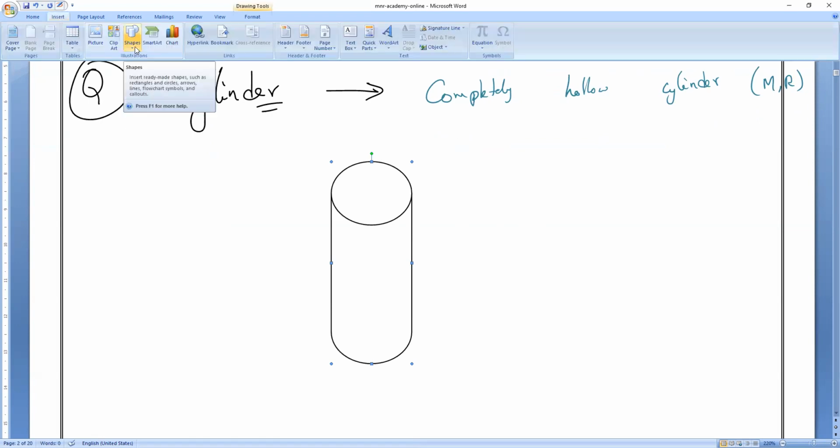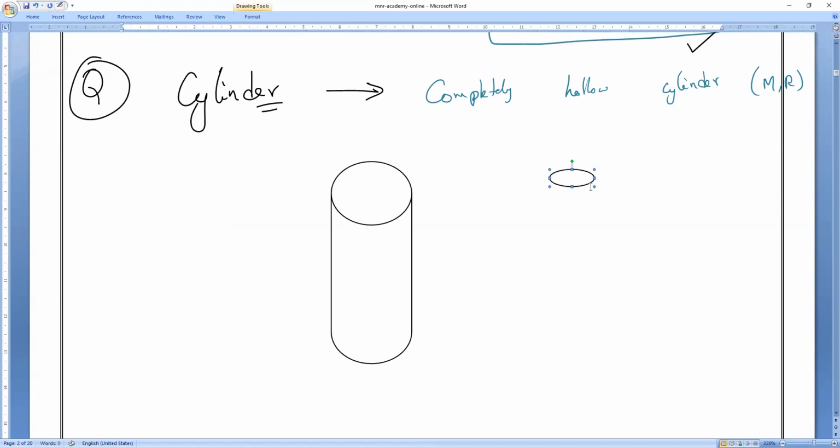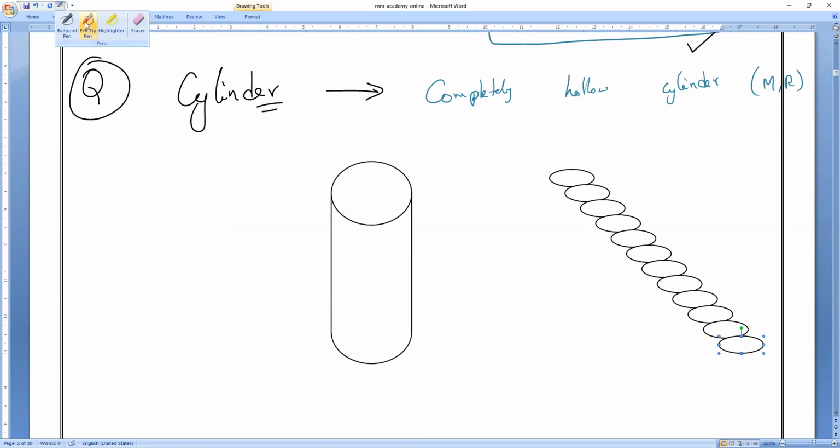It will have an infinite number of rings. If I copy one ring and place infinite rings one above one, that will give you the hollow cylinder. Will you all agree with me? So an infinite number of rings attached one after one is how we get a hollow cylinder. Is it right or wrong, everybody?